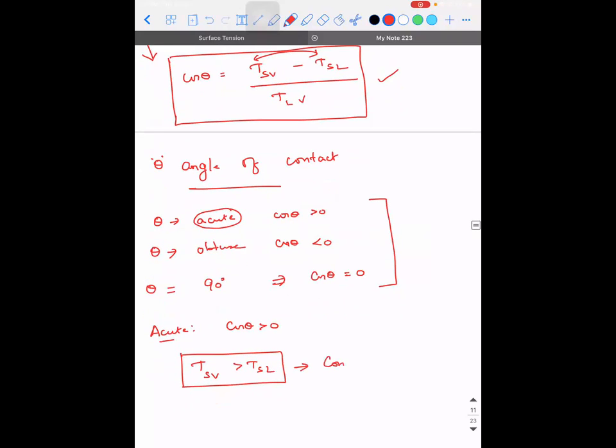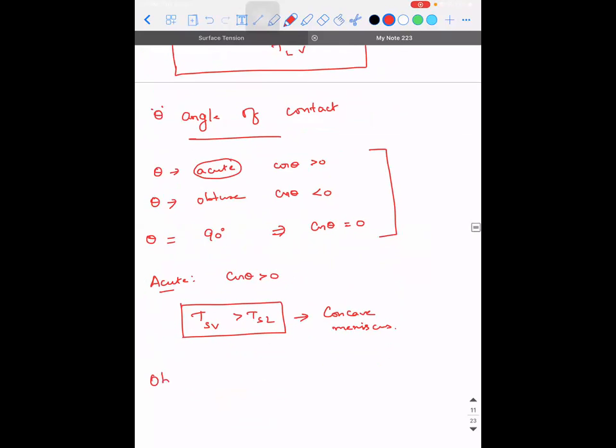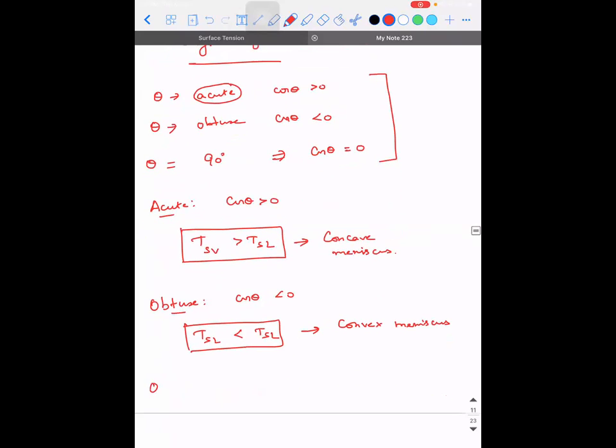This is when we have a concave meniscus. Similarly, for obtuse, cos theta is less than 0. So TSV should be less than TSL, and it will have a convex meniscus. And when theta is equal to 90 degrees, then cos theta will be 0. It will have a plane surface.